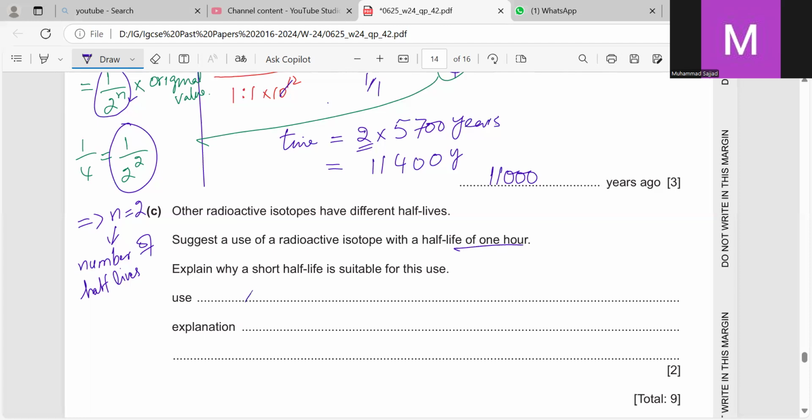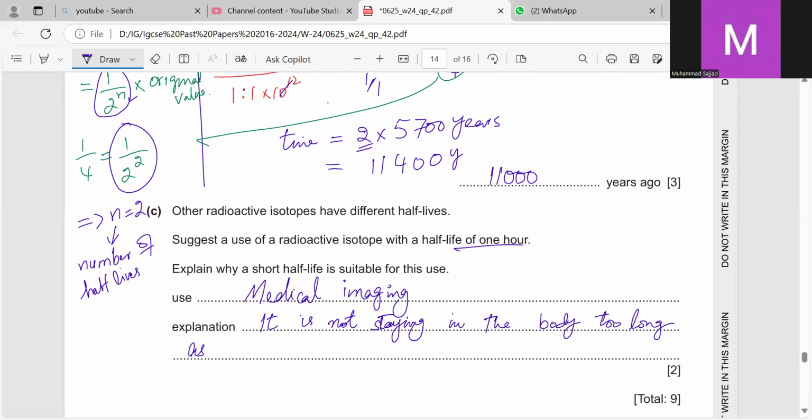So you can write medical imaging to diagnose the diseases, and it is not staying in the body too long, as it has short half-life.